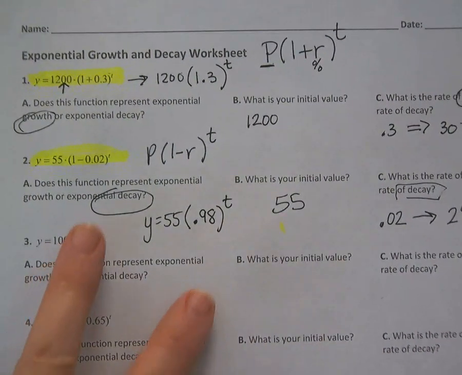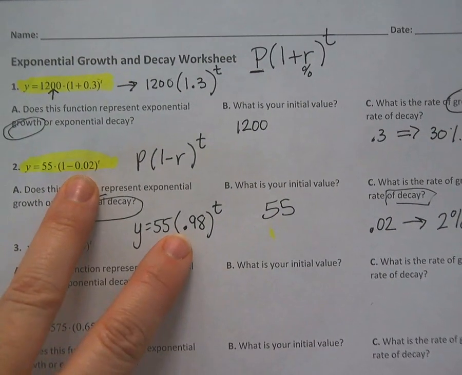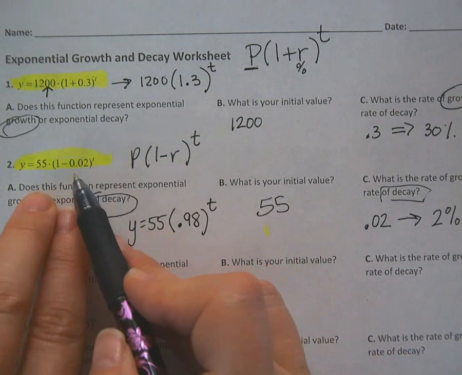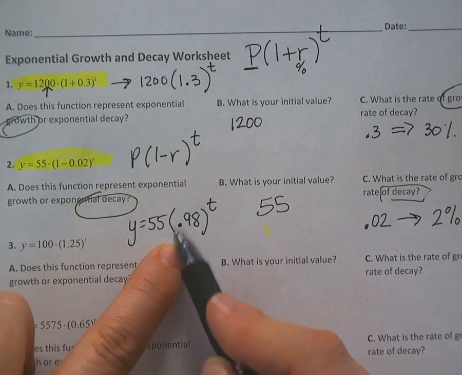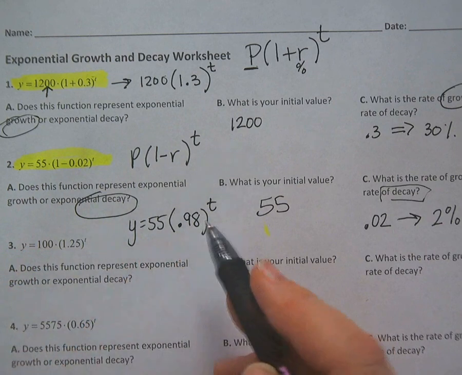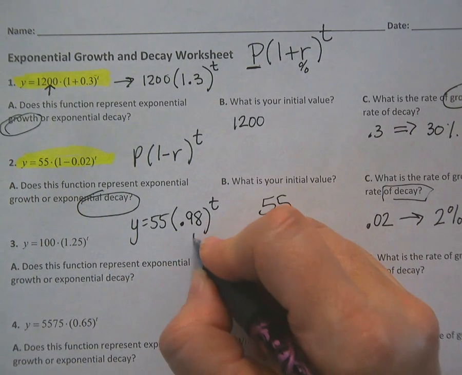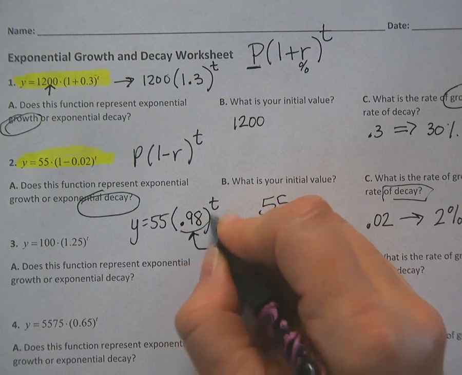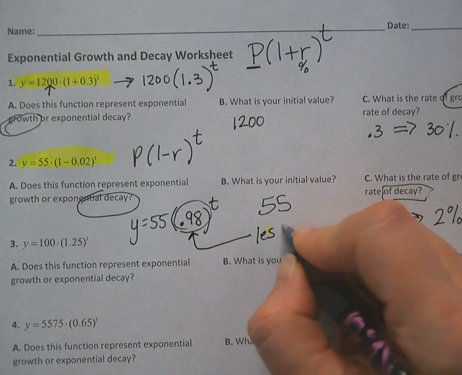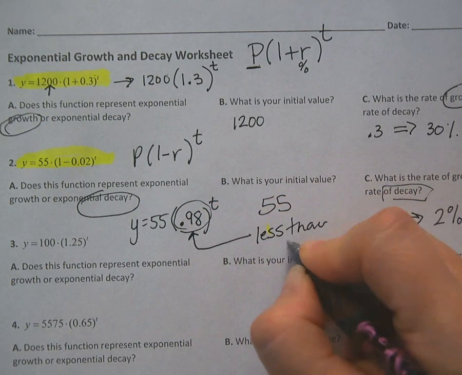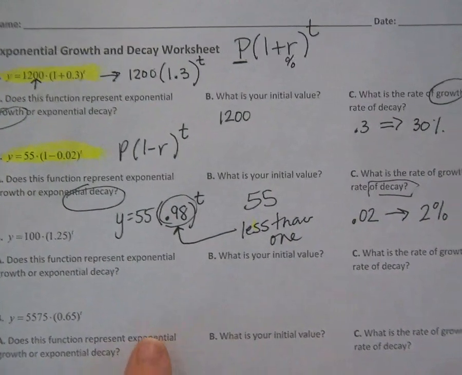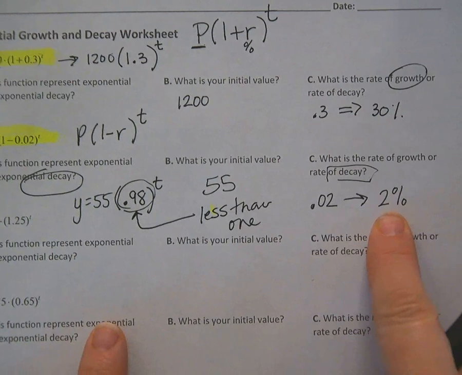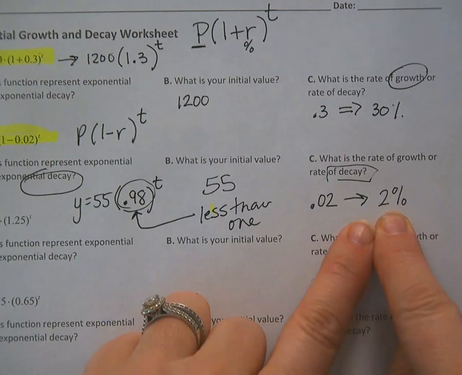And it's your job to be able to recognize exponential decay if it's written as 1 minus r, or if they actually simplify this and get 0.98. So the way you can recognize that is whenever this entire number is less than 1, it's going to represent decay.